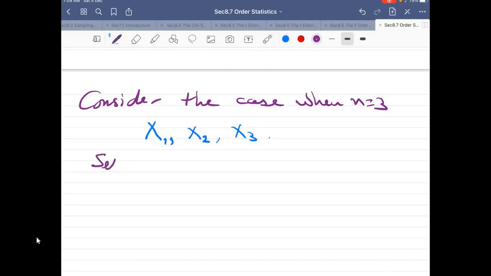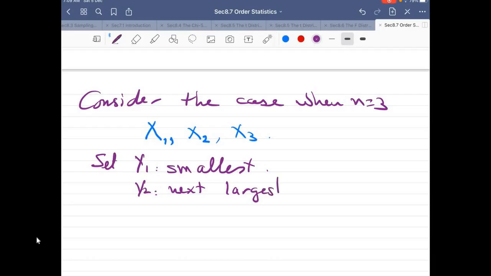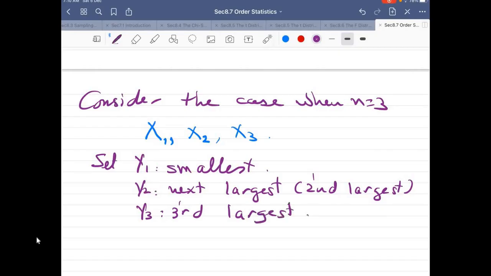So we set y1 to be the smallest, y2 the next largest, or second largest, and y3 will be the third largest.